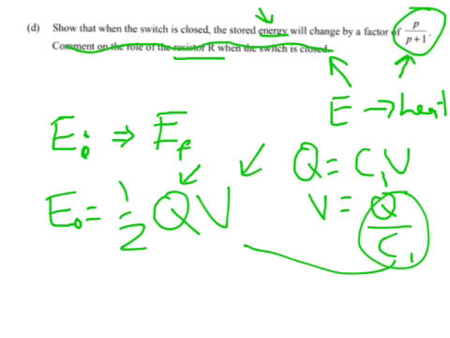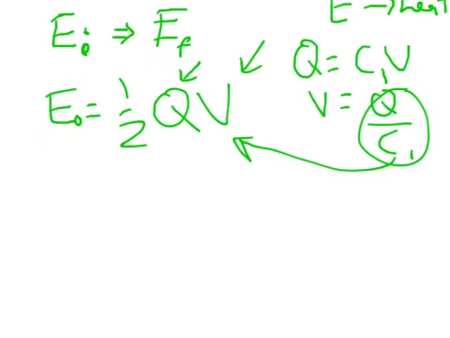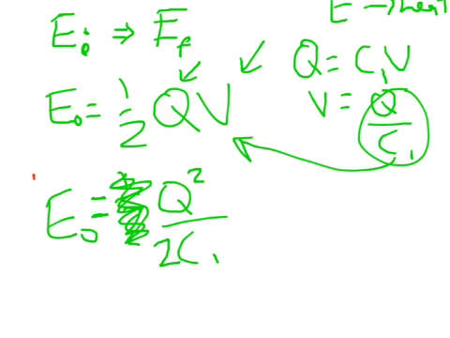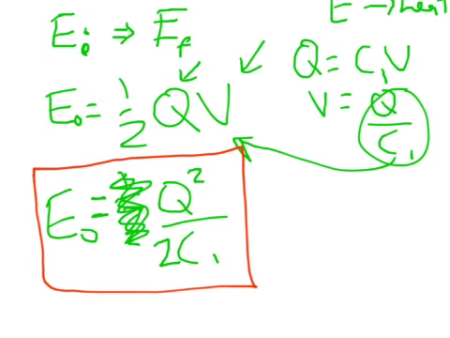Substituting that in, we have half Q squared over C1, or Q squared over 2C1. Okay, so that's our initial energy. Let's put a box around that so I can find it easily later on.